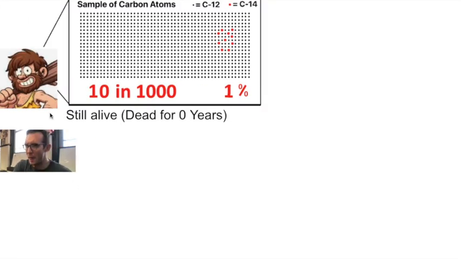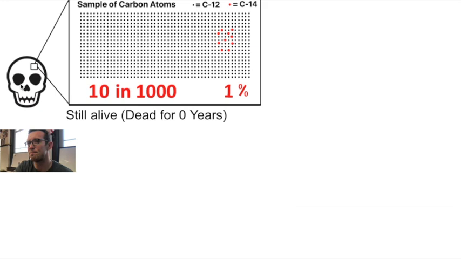And so what that means is that while we're alive and we're constantly consuming carbon from the plants that we eat, about 1% of our carbon is carbon-14. As soon as we die, and we stop taking in new carbon sources, the few carbon-14 atoms that we have inside of us are going to start changing back.